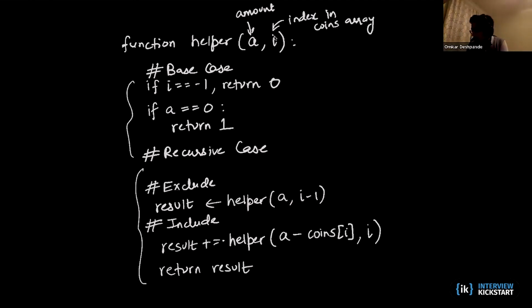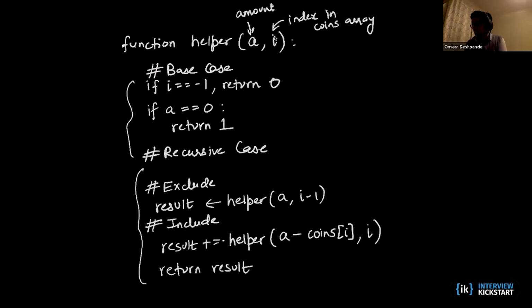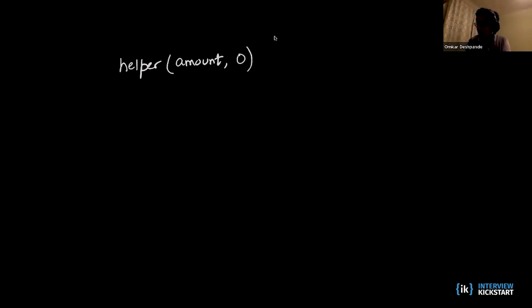So we need to execute this. The root manager is going to just execute this helper function code with the right parameters. The amount A is going to be whatever the actual amount variable was, and the index I in the coins array, for the root manager, is given the entire coins array, so the root manager will start looking at it from the rightmost coin.